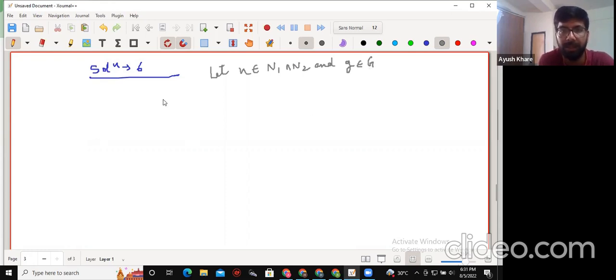So we need to show that g inverse n g belongs to N1 intersection N2. But this belongs to N1, since n belongs to N1 intersection N2, so n belongs to N1, and N1 is normal.